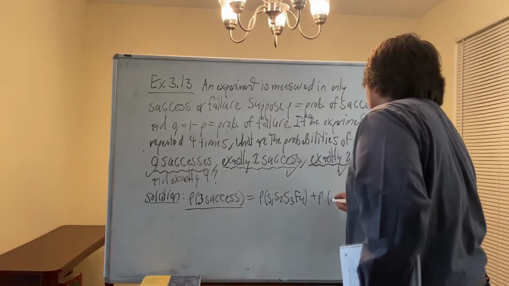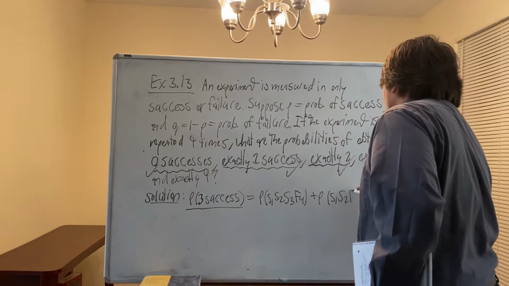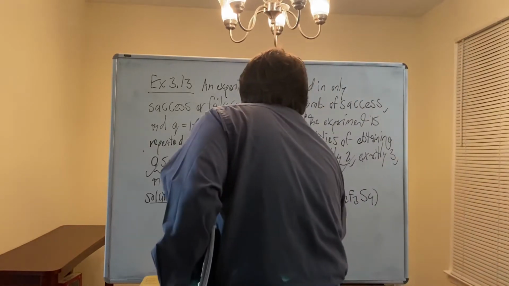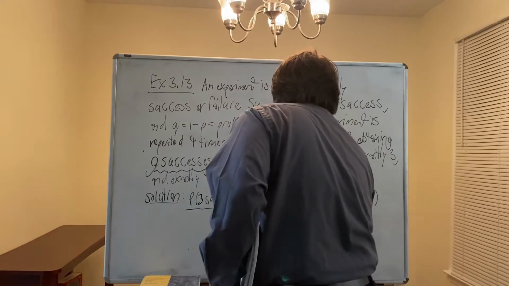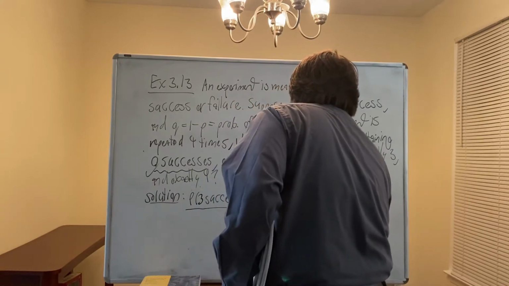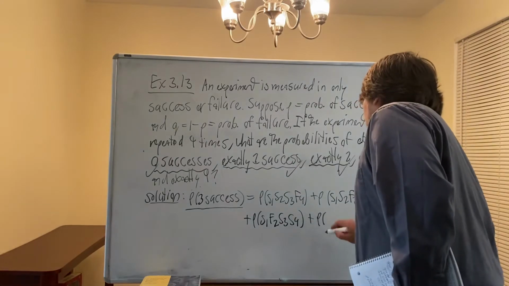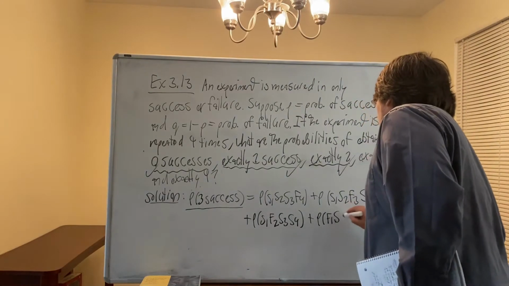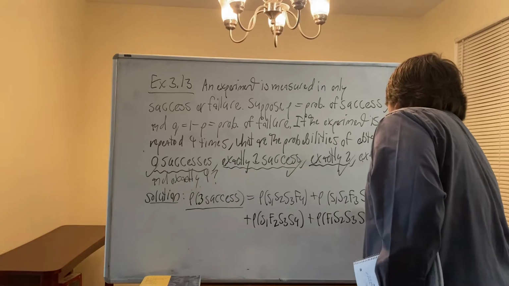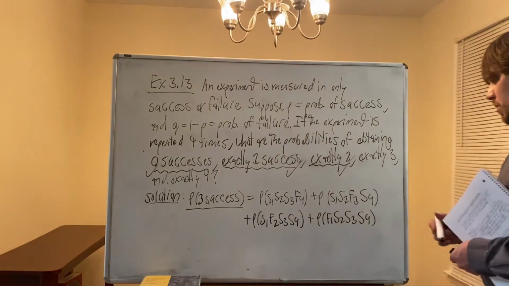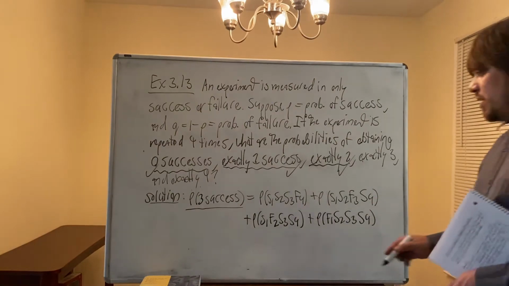Plus the probability of succeeding in the first, succeeding in the second, failing in the third, and succeeding in the fourth. Plus the probability of succeeding in the first, failing in the second, succeeding at the third, and succeeding in the fourth. Plus the probability of failing in the first, succeeding in the second, succeeding in the third, and succeeding in the fourth. So you fail the fourth, third, second, first. That's all the ways of exactly 3 successes.